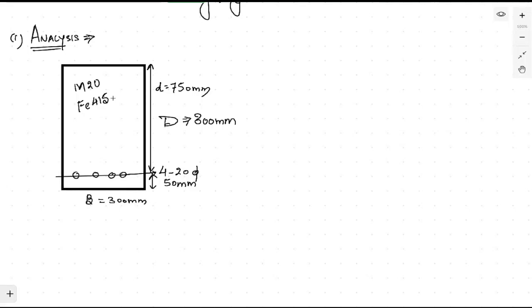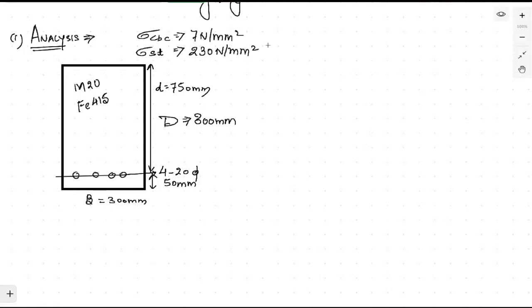Now, they are saying that the permissible bending stress in compression, sigma CBC, which is the maximum value of stress that the concrete can develop under bending compression, is 7 Newton per mm square. Similarly, they have provided the permissible stress in the steel in tension, which is 230 Newton per mm square.